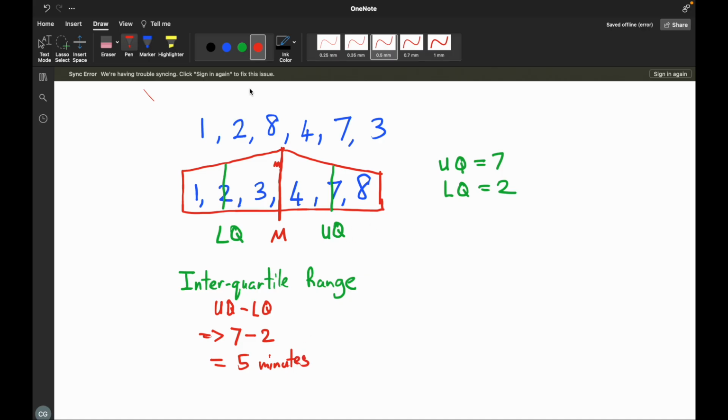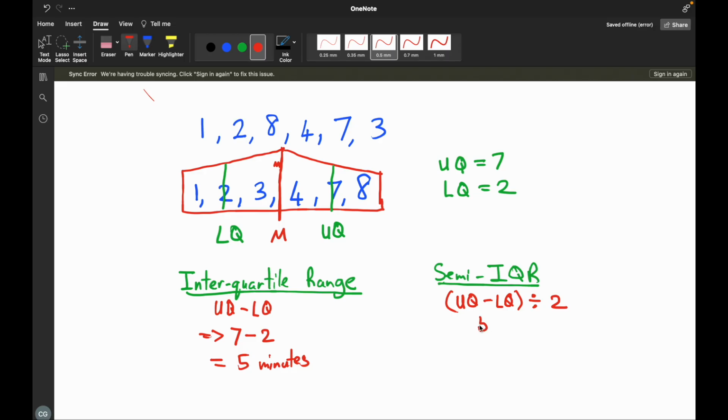Now the question is, we also had something else called the semi-interquartile range, and I'll put SIQR for short. How do we work this one out? All right, so the upper quartile minus the lower quartile, divided by 2. So we worked this one out already, upper quartile minus lower quartile, which was 5.